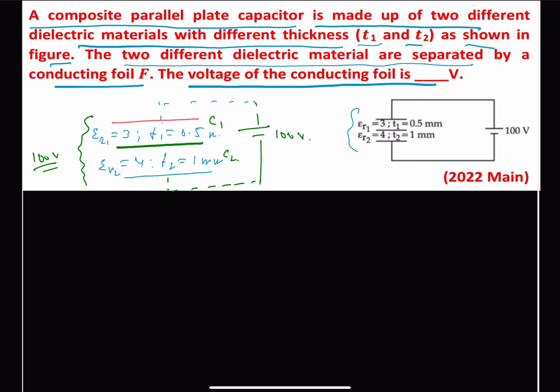So we can say our C1 will be equal to, we are given, ER1 epsilon naught A divided by D1. Area will be same, and this comes as 3 epsilon naught A divided by 0.005. Sorry, it is in millimeter.